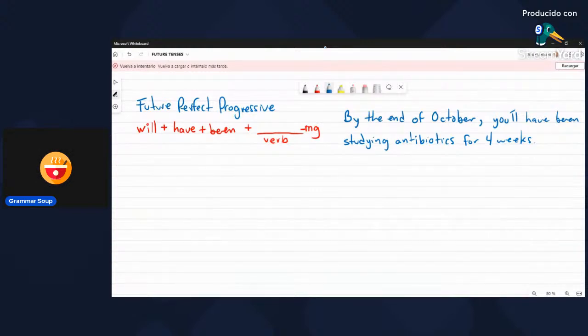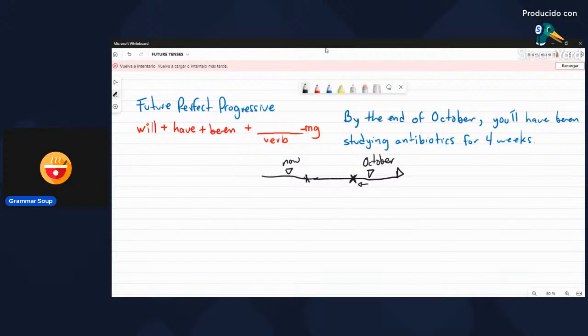What does that mean? That this person, by this time, let me put it in a timeline so you guys can understand much better. From this point, I'm sorry, I did it wrong here. There you go. We got the line. By October, and here is October, I will have been studying 4 weeks.